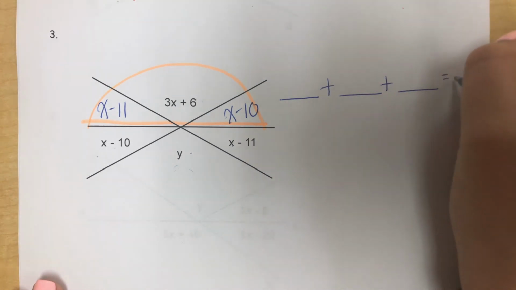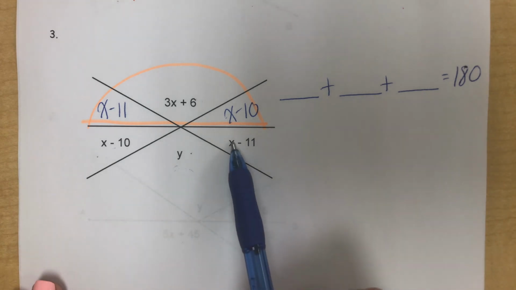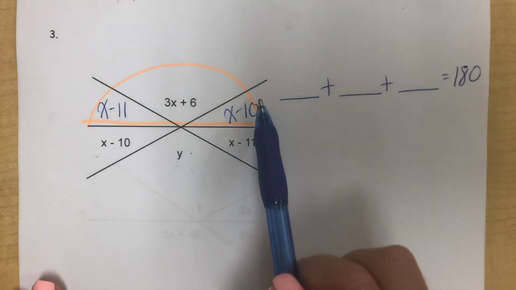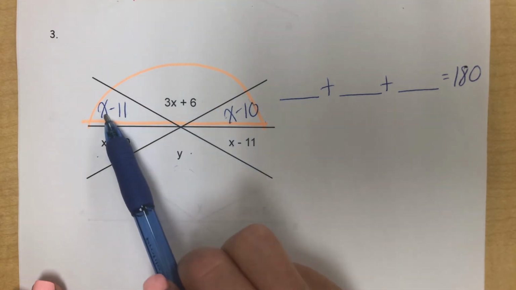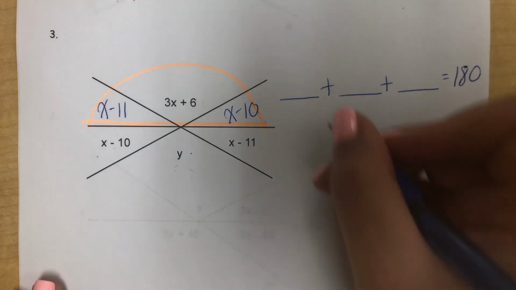And when I add all of them together, I should be getting 180 degrees. Now for this specific example, I would not be able to use the 360 degree method because I can't combine an x and a y, and that's not going to help me at all. All right, so I'm just going to use the top half here because every single variable is the same. I can combine those and it will help me solve for my answer.